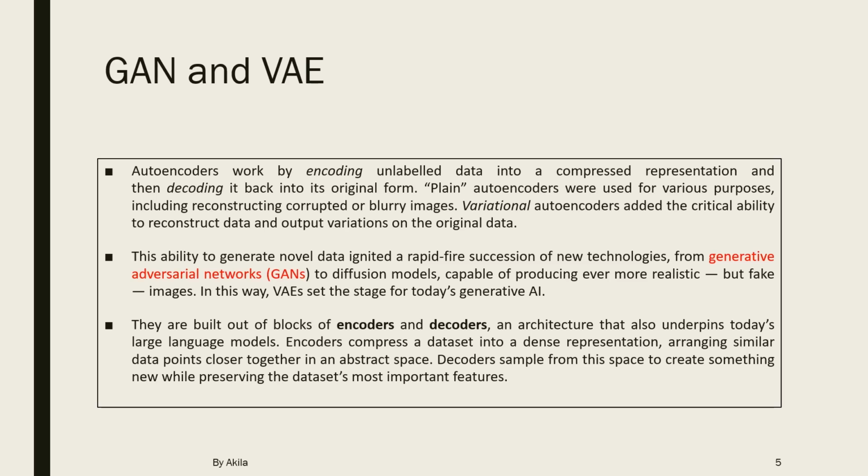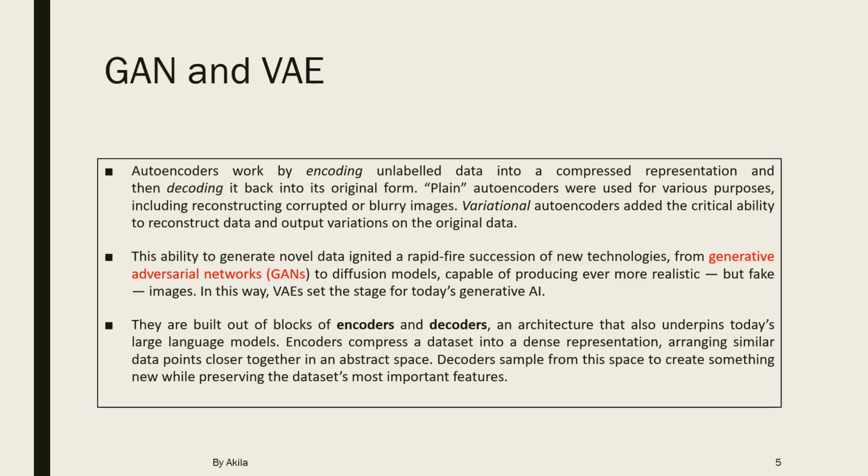Plain autoencoders were used for various purposes, including reconstructing corrupted or blurry images. Variational autoencoders added the critical ability to reconstruct the data and output variations on the original data.